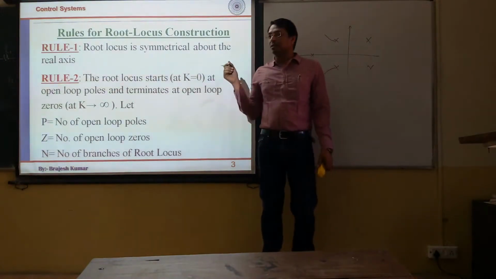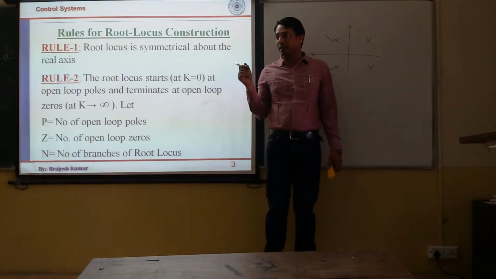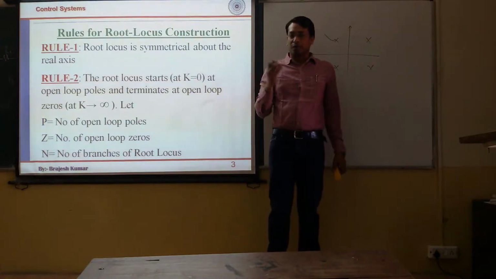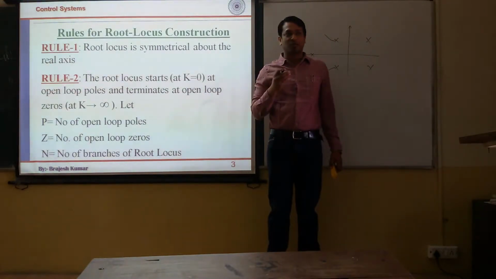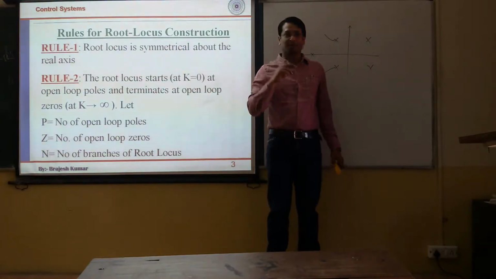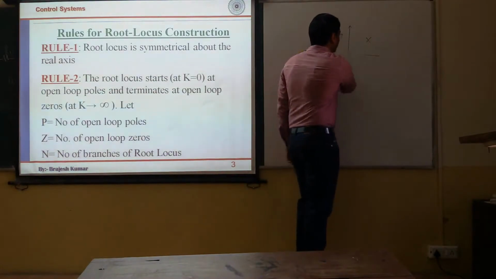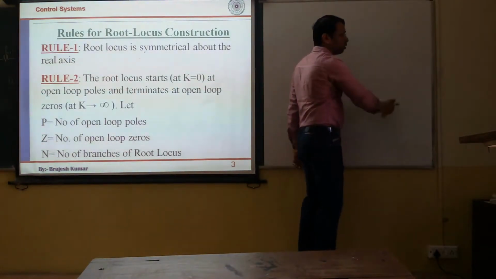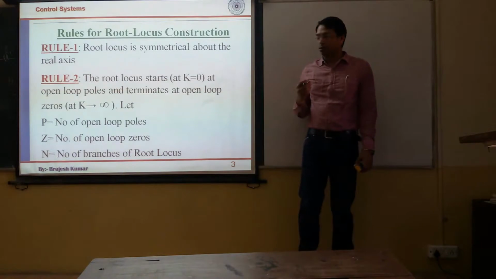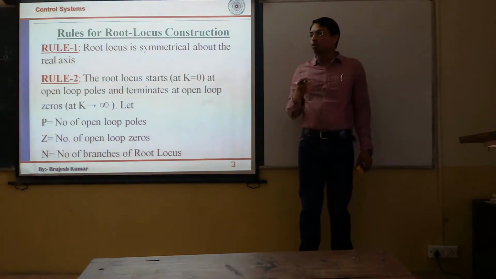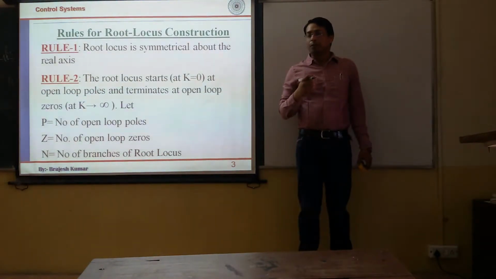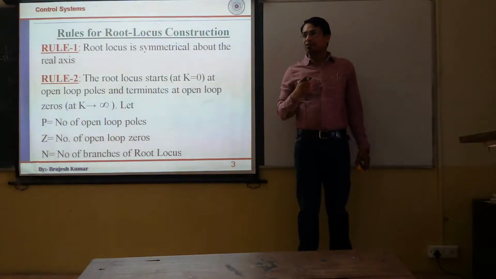So that's why this root locus is symmetrical about the real axis. Why? Because for real coefficients of the characteristic equation, your roots of the characteristic equation will be either a complex pair or real, and complex pairs are themselves symmetrical about the real axis, and for the various values of k, it will come out to be symmetrical. Rule 2 for me is that the root locus will start from a pole and end at a zero.